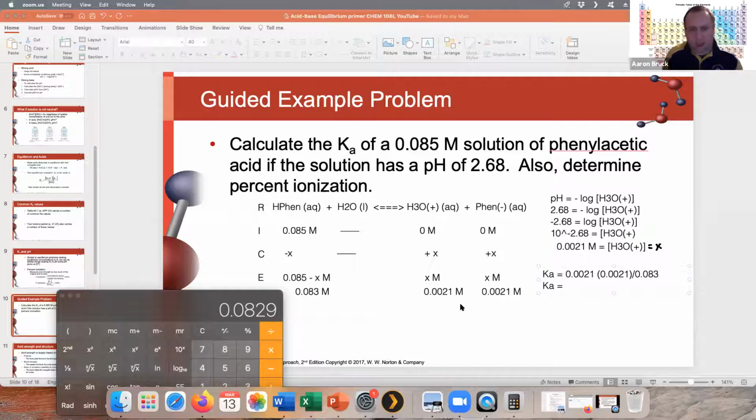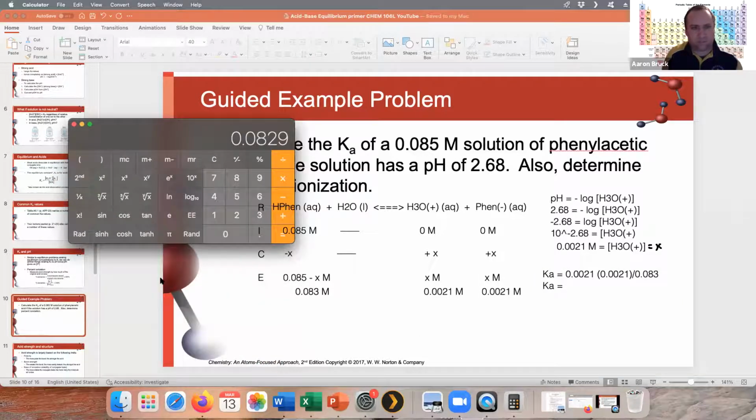And that means our Ka value, 0.0021 squared divided by 0.083, gives a Ka value in scientific notation of 5.3 times 10 to the negative fifth.